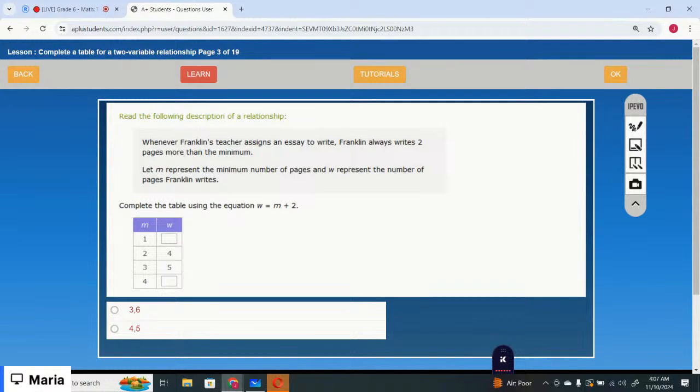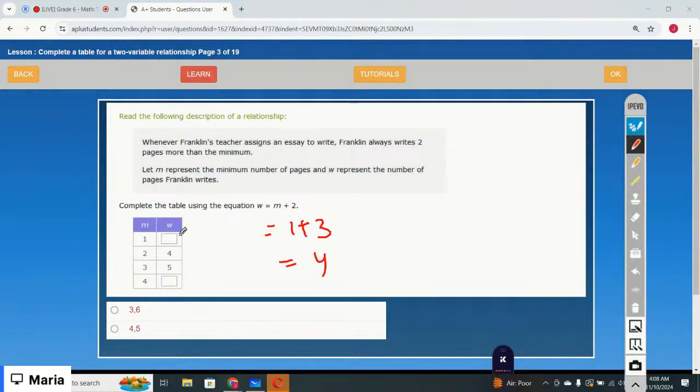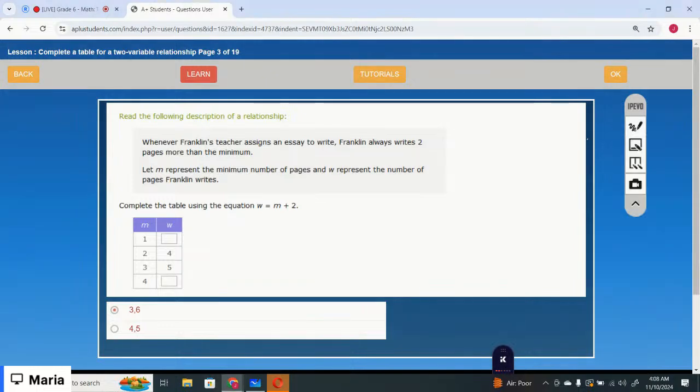So the equation is w equals m plus 2. m is 1, so 1 plus 2 equals 3. That means when m equals 1, oh, you have another missing value. When m equals 1, w equals 3. And when m equals 4, w equals 6. So option number 1 is the correct option.